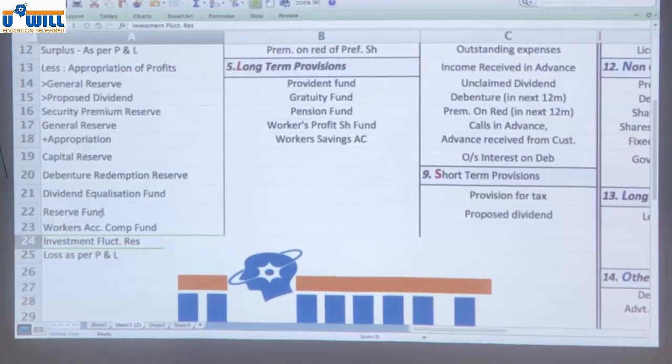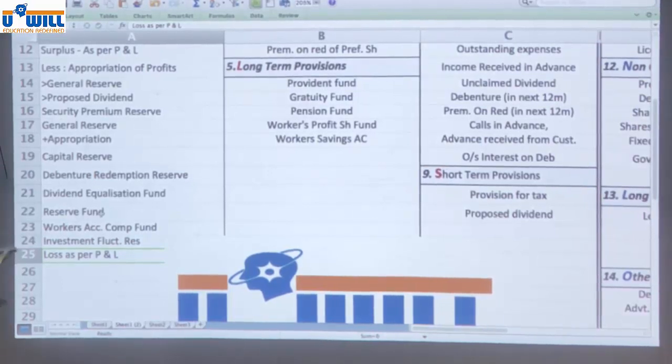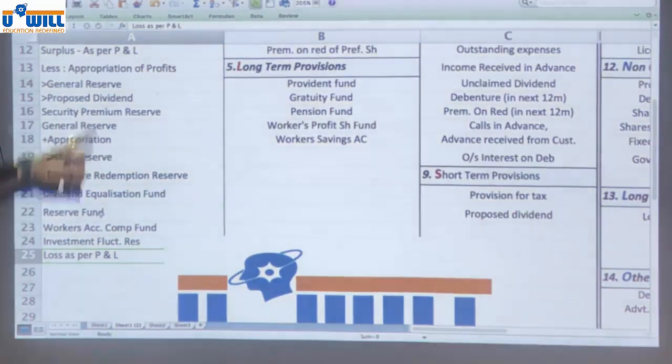Then after all these things, finally if there is any loss in a year, we write loss as per P&L, and you can refer the format. In the format, loss as per statement of P&L में it is written in bracket, यानी ये सब में से उसको कर देंगे माइनस. पता चल गया सबको ये रिजर्व्स एंड सरप्लस.